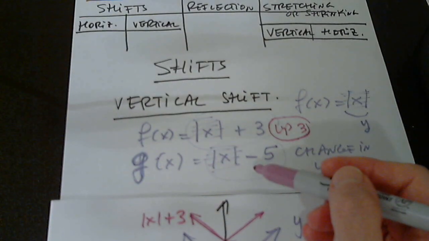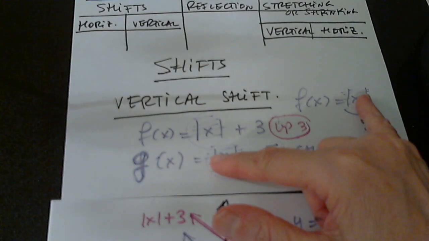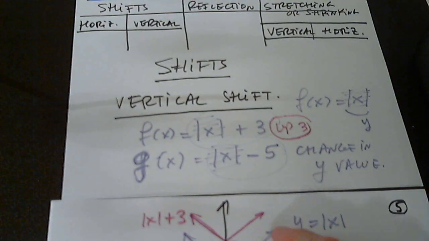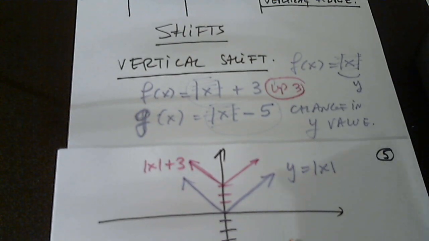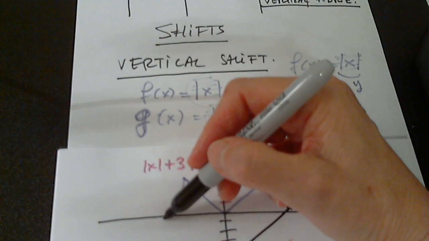Now, how do I graph this? From the base function, the simplest function, down 5. 1, 2, 3, 4, 5. And it has to be parallel to this. Of course, my graph cannot be perfect.